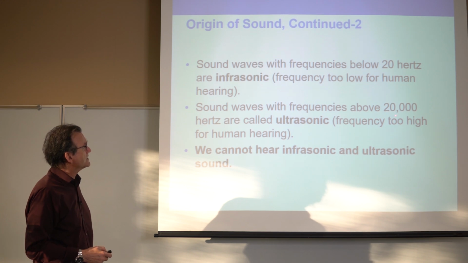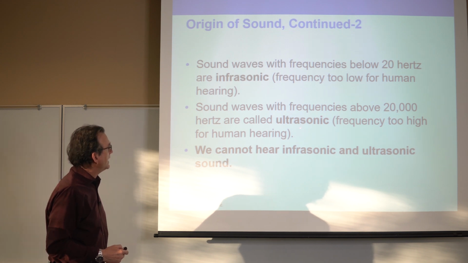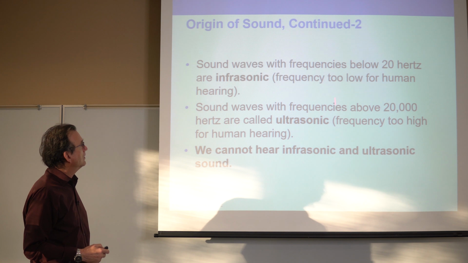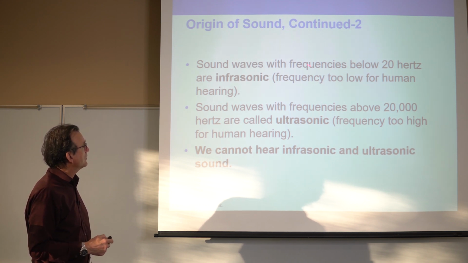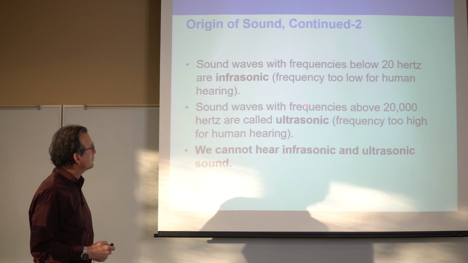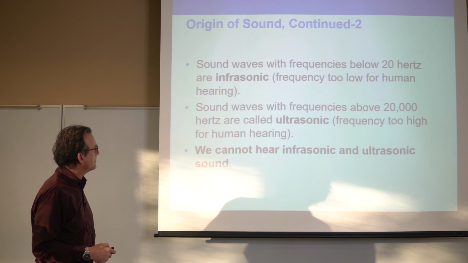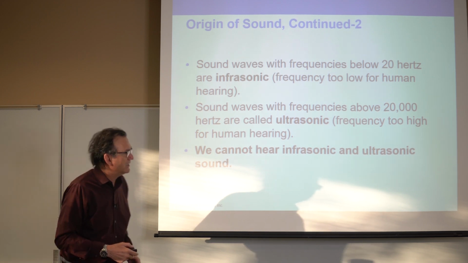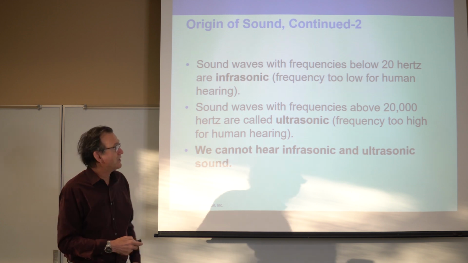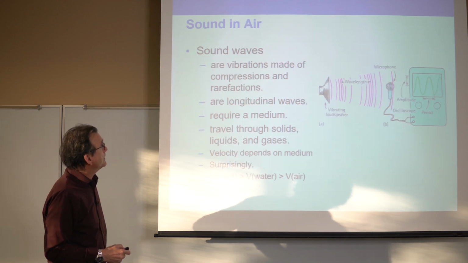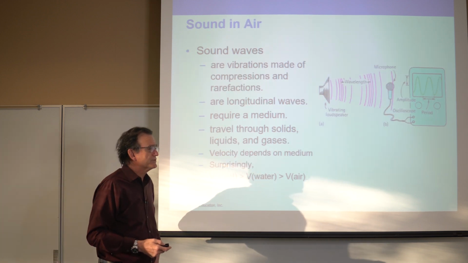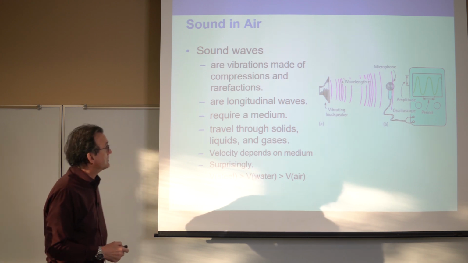Sound waves with frequencies above 20,000 hertz are called ultrasonic, and these are too high for human hearing. The infrasonic are too low, and you may have heard a lot about ultrasound as a medical device for imaging, which we'll talk about a little bit later, but generally we cannot hear those frequencies that are either too high or too low. Now, another way to produce the sound, which is very effective, is the use of speakers.